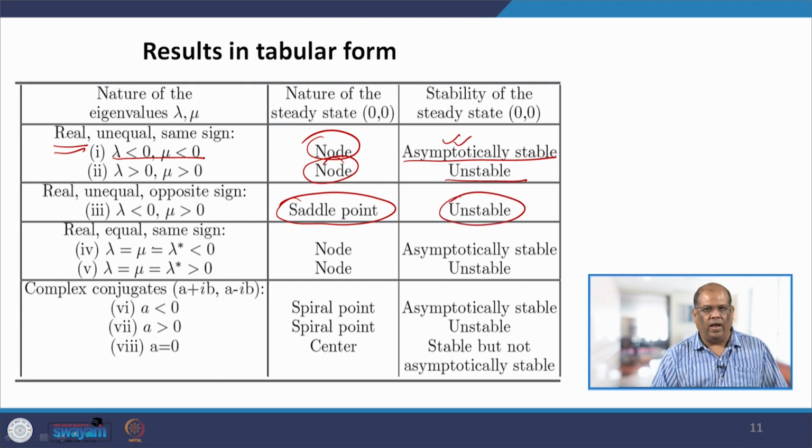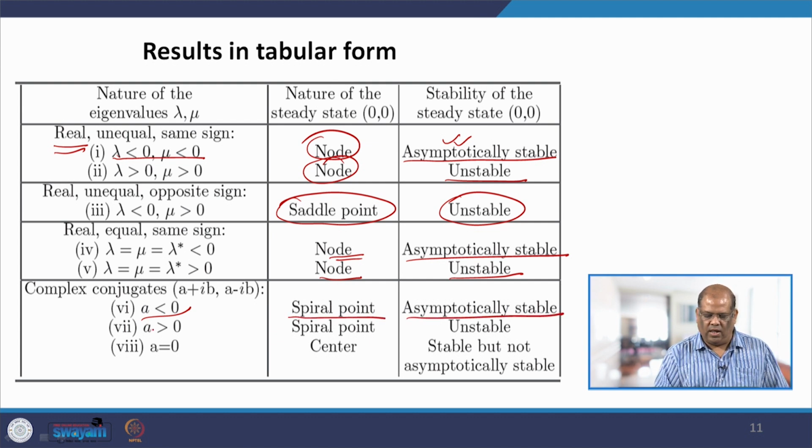If the roots are real and equal, in that case, if it is less than 0, it is a node and it is asymptotically stable. If it is greater than 0, again it is a node, but it is unstable. And when you get an imaginary root, then you check the real part of the root. If it is less than 0, it is called a stable spiral and it is asymptotically stable.